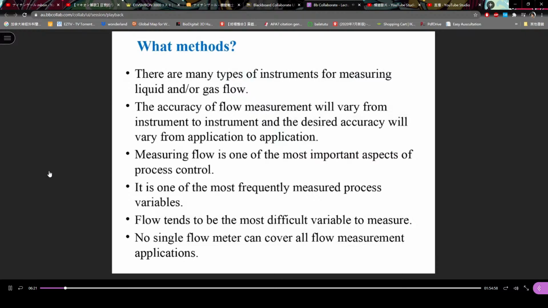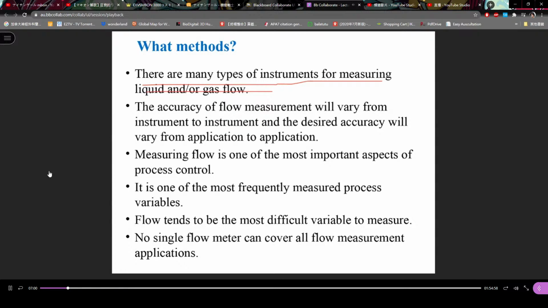What methods can we use to measure water flow rate? Not just water, but air flow rate, gas flow rate, and steam flow rate are very important for building service engineering. Because we need to know the flow rate or velocity, and then we can determine the amount of load, the pipeline diameter, and so on. There are many types, I must say, of instruments for measuring liquid or gas flow rate or flow velocity.